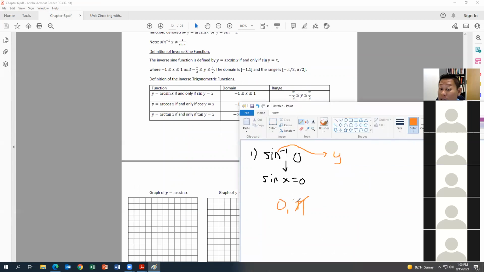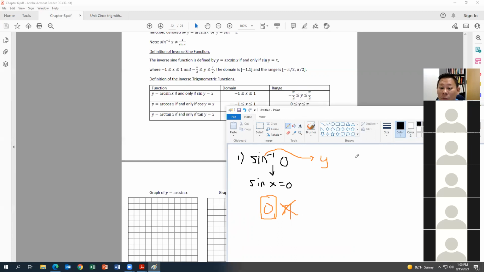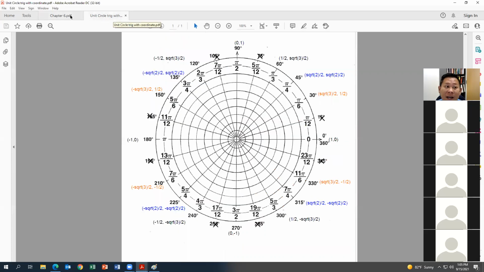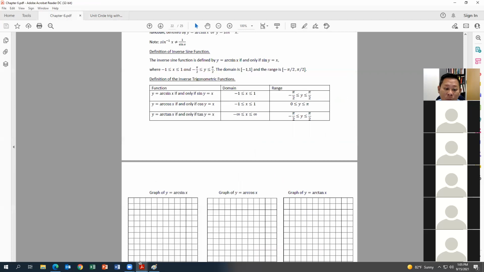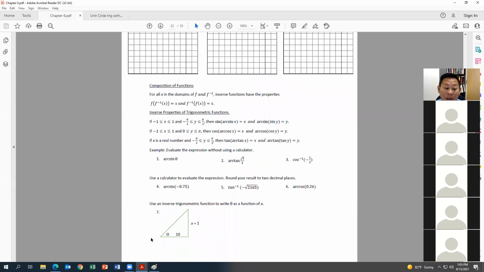Pi is not between this. So your answer in this case will be just 0. When you do this kind of question, you have to watch out for the domain restriction. You use the unit circle to figure it out first, and then after that, you have to erase one of the answers, because you get 2.